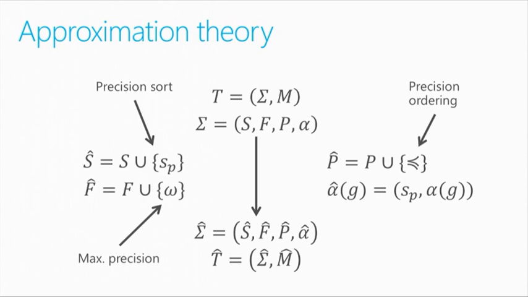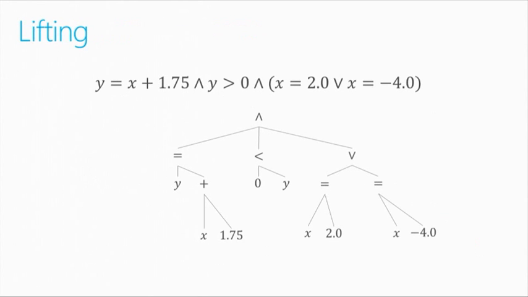And all the precisions are ordered, so something with a higher precision value is intuitively closer to a precise result than another one. And every term gets an additional argument, that's the precision. Here's a simple representation as an example of a formula. The topmost one is just for reference. The tree represents that formula. And so this means equal y plus x, and so on.